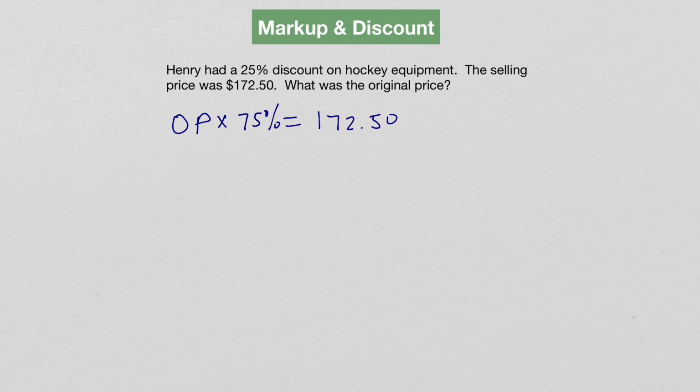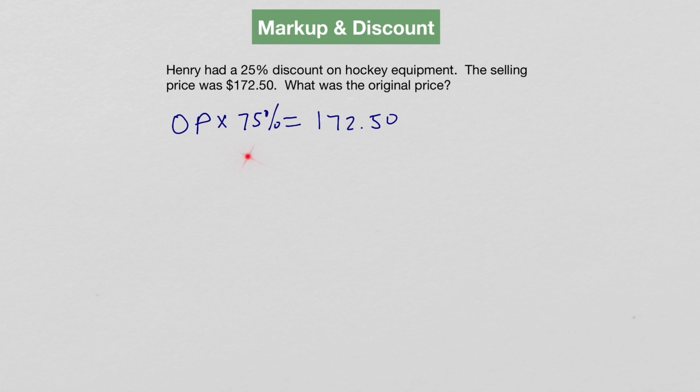Think about that. We have the original price, which is what we're trying to solve for. We know what the selling price was. This is what we ended up paying. We also know that the discount was 25%, so we have to take 75%. That's 100 minus 25, or 75% of the original price.